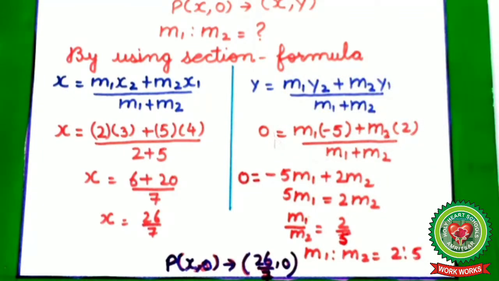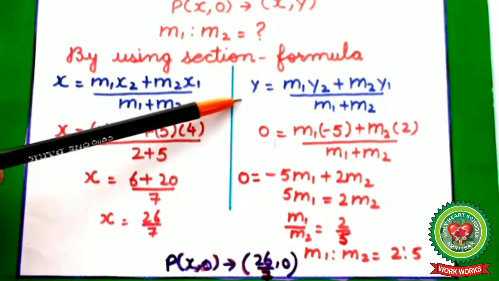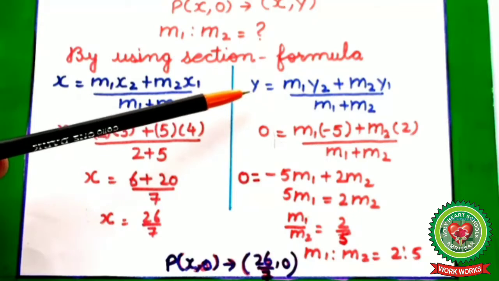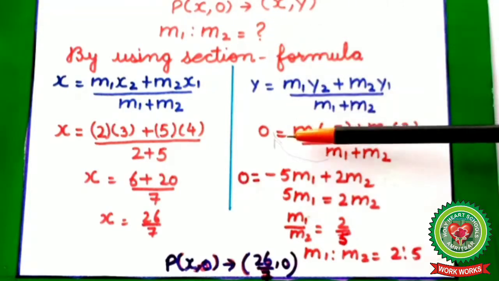So the formula is x equals m1 x2 plus m2 x1 upon m1 plus m2, and y equals m1 y2 plus m2 y1 upon m1 plus m2.